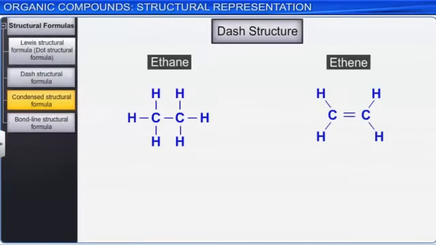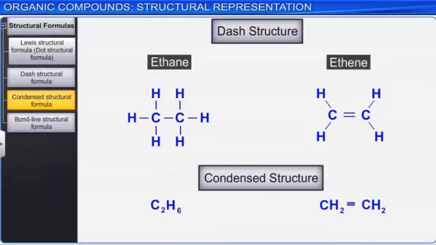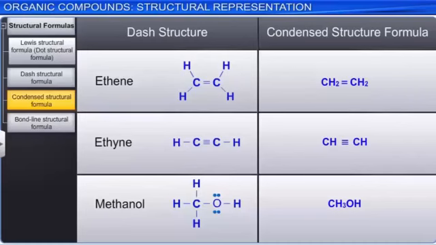In a condensed structural formula, some or all the dashes that represent covalent bonds are omitted, and the number of identical groups attached to a carbon atom is represented by a subscript. Thus, a condensed structural formula is an abbreviated form of dash structure. The condensed formula of ethene, ethyne, and methanol are represented as shown here.